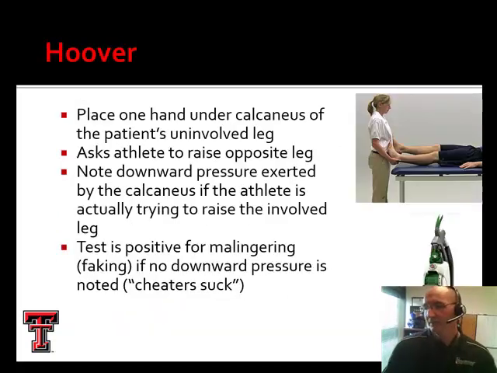Okay, one other one we do for all our patients with back pain is called the Hoover test, and this is a test for malingering. So we have them do an active straight leg raise. If you notice here, the clinician is holding beneath the patient's calcanei, and what she's checking for is if the patient's trying to lift, say, his right leg, he will reflexively push that left leg down into her hand.